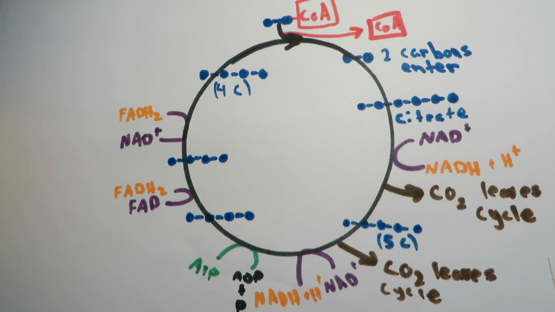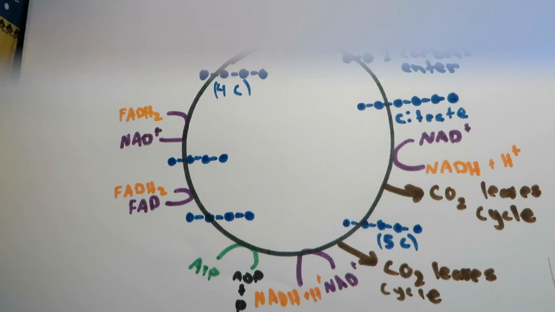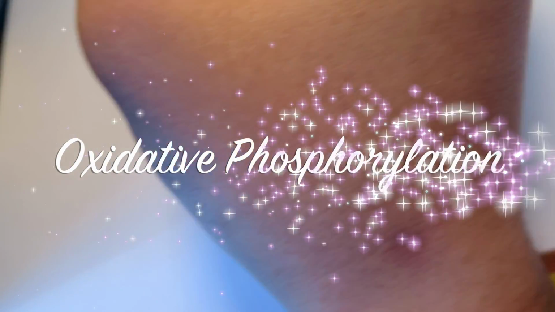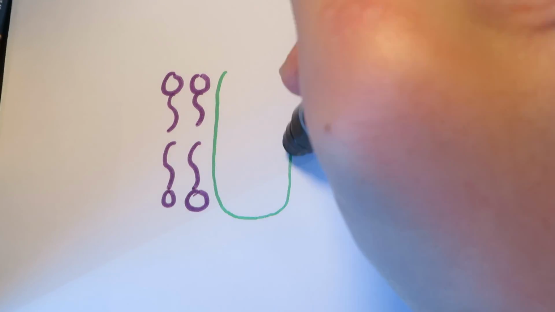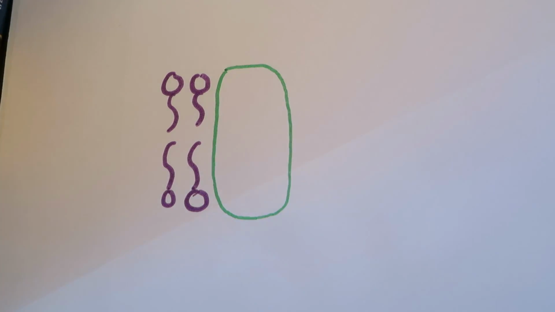Before this point, little ATP has actually been made. However, a lot of electron carriers have been. These are going to be used in oxidative phosphorylation. This step occurs in the cristae of the mitochondria.